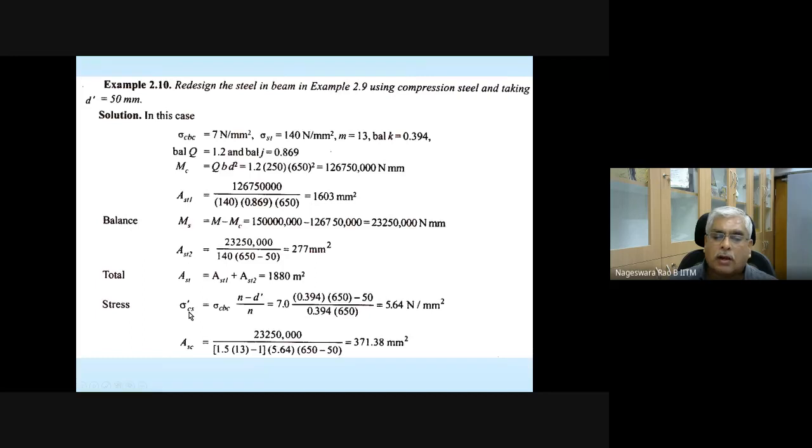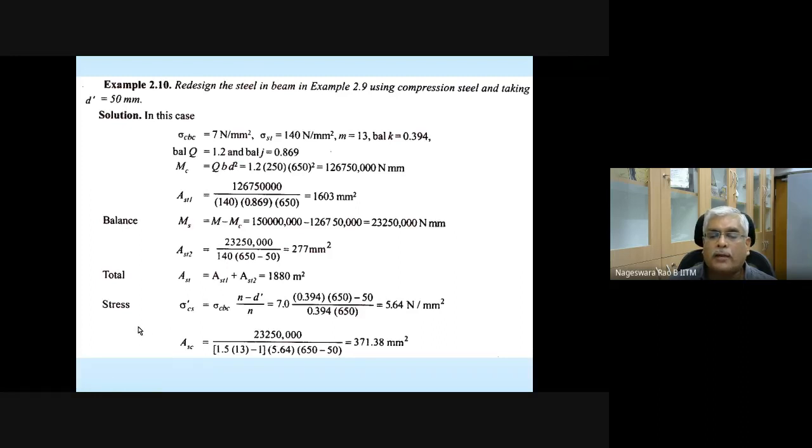So stress in concrete at the level of compression steel, sigma prime CS, can be obtained using this relation, sigma CBC times (n minus d prime) divided by n. This is simply based on linear interpolation of stress distribution in the compression region. So this gives you stress in concrete at the level of compression steel. So if you know this, what is the stress in compression steel?